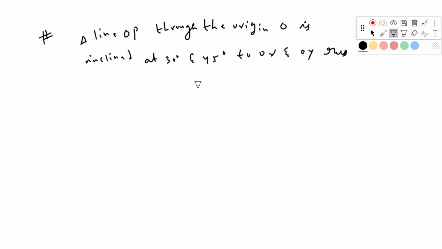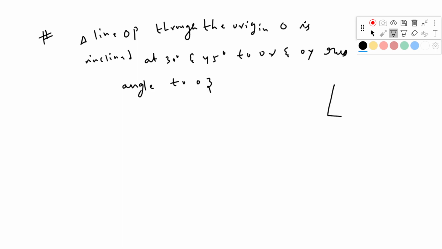This OP line is there through the origin, with OX along the x-axis and OY along the y-axis, at 30 and 45 degrees respectively. Then the question is, find the angle at which it is inclined to OZ.